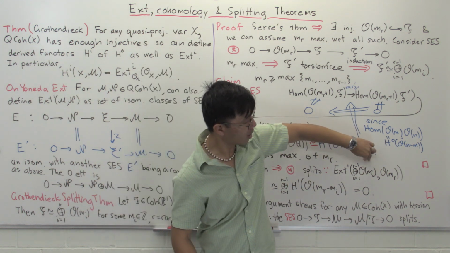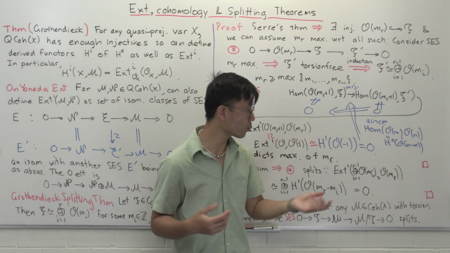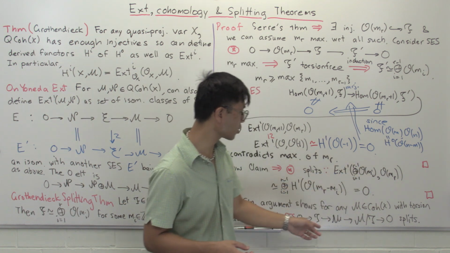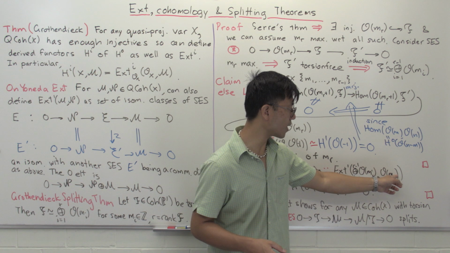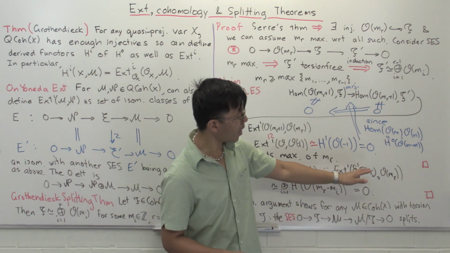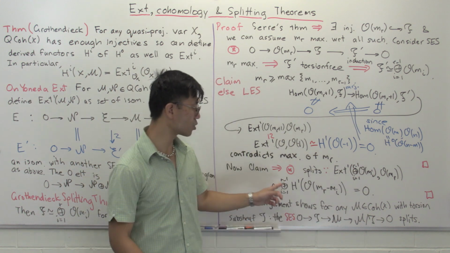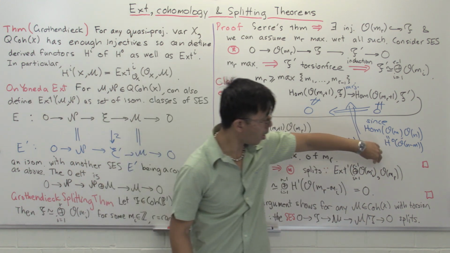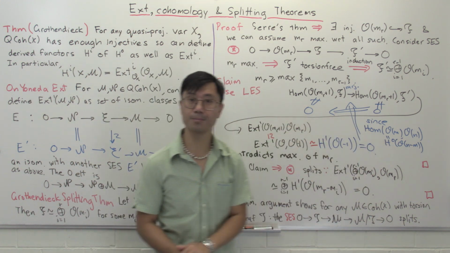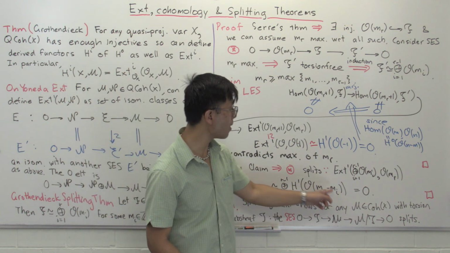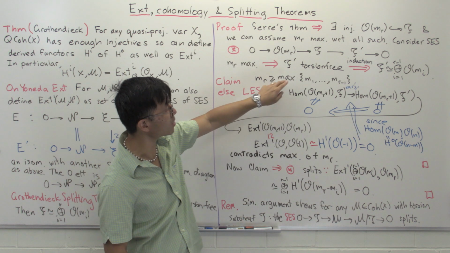And then secondly, we can apply this autoequivalence of tensoring with the invertible sheaf O(-m_i) to cancel this, to get you an O here, and you subtract m_i from here. And then Ext of O into something, that's Ext^1 of O into something is just H^1. So it's the direct sum of H^1 of this O(m_r - m_i). And the thing is that if you look at m_r - m_i, we said that m_r is at least as big as all of these.